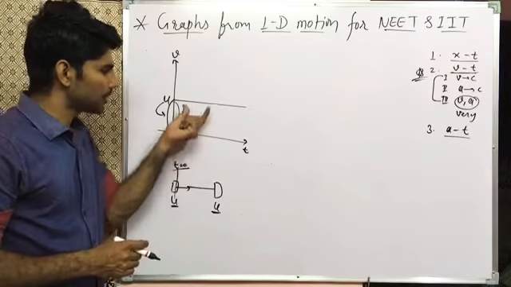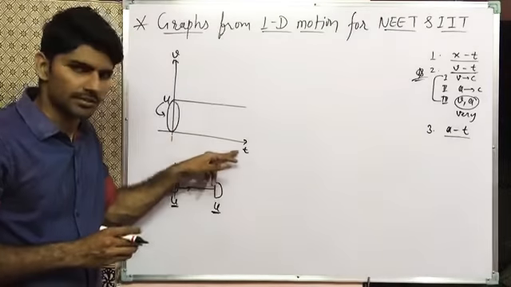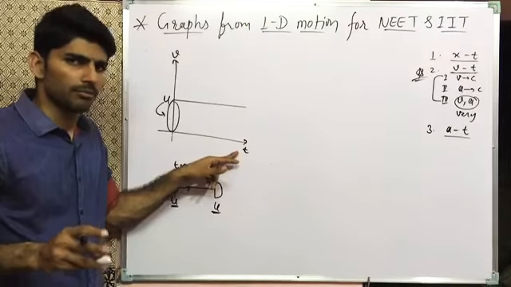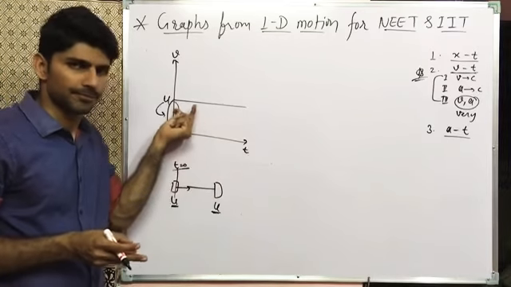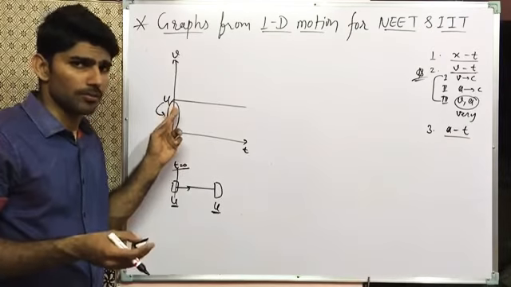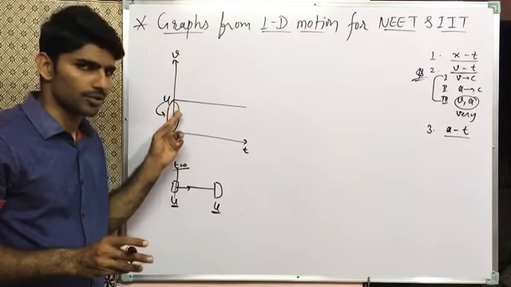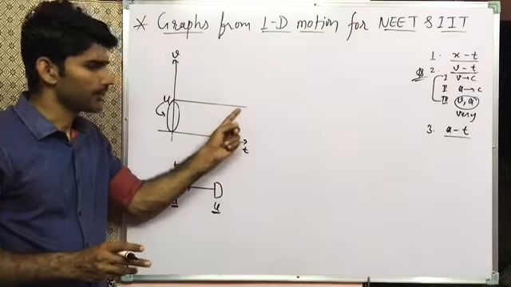So with time, this graph represents that time is changing, but the speed or velocity of the object is not changing. It's constant at u, and with time it stays at u only.